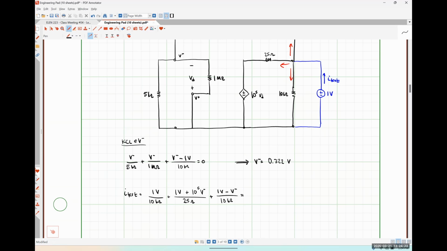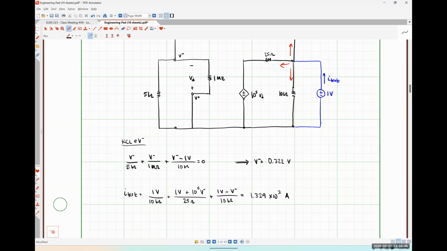And when I substitute in a value of 322 volts, I wound up getting a current of 1.329 times 10 to the 3 amperes.